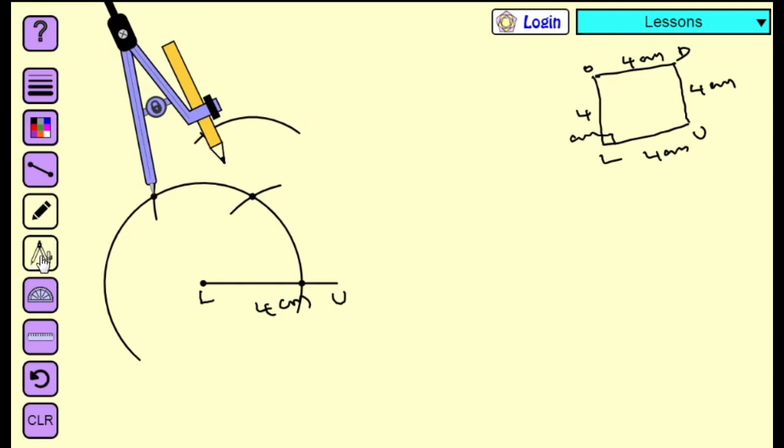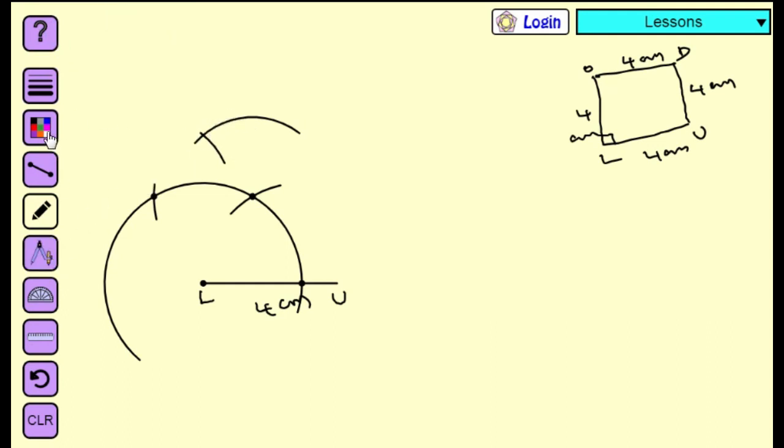Now take the ruler and draw a ray L to X. Now mark it as X. Now we got angle L 90 degrees.